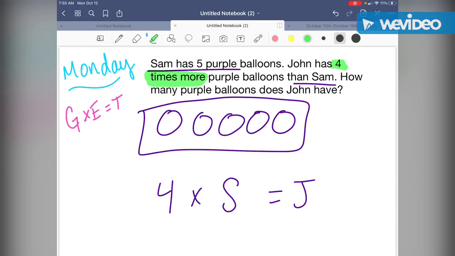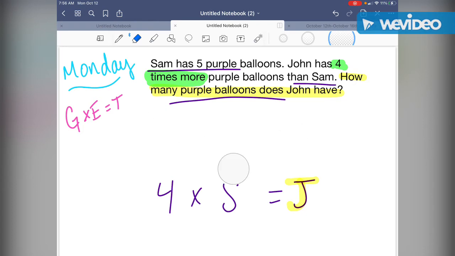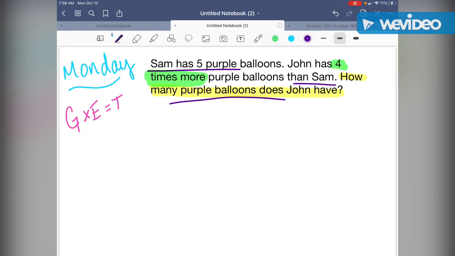My question being asked is how many purple balloons does John have? That's what I need to know. All I know is that it's 4 times what Sam has. So let's go back and redraw this. 4 times Sam will give you John's.